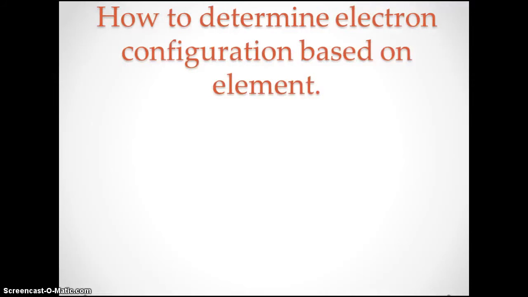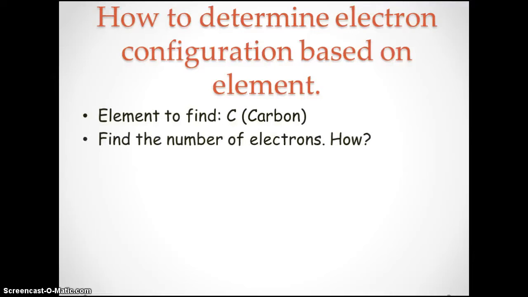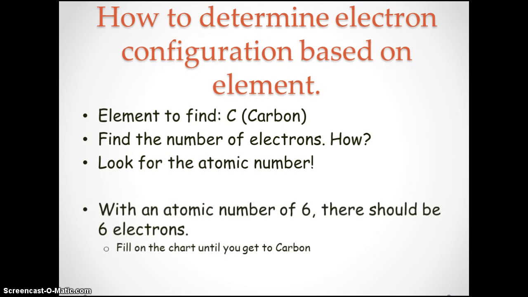How to determine electron configuration based on an element. We're going to use the element carbon. First, we need to figure out how many electrons carbon has. And so how do we find the number of electrons? That's right! Look for the atomic number, which for carbon is 6.